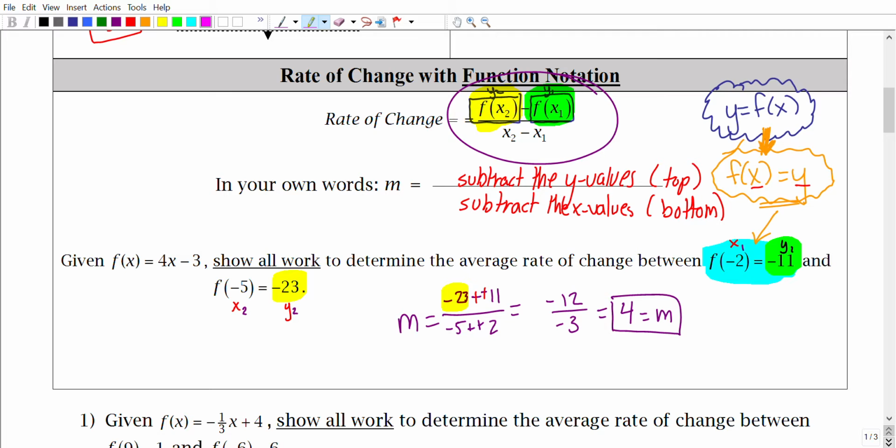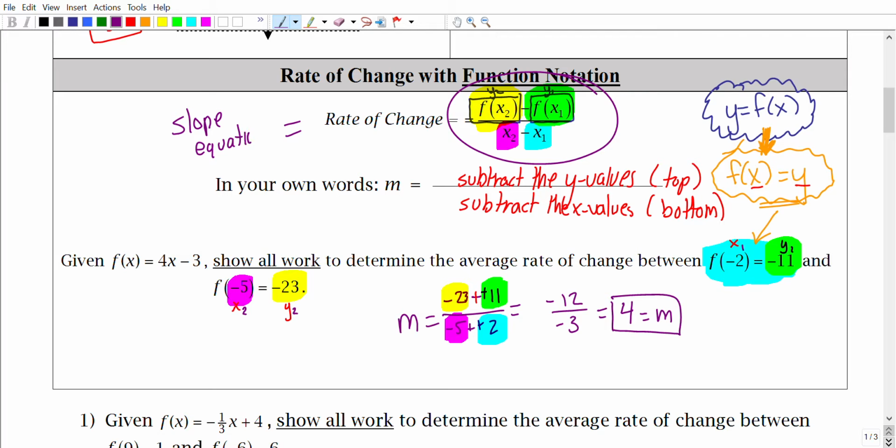Then we have our x2, x2, x2. Oh, I forgot to highlight this one. And then finally we have x1, x1, x1.